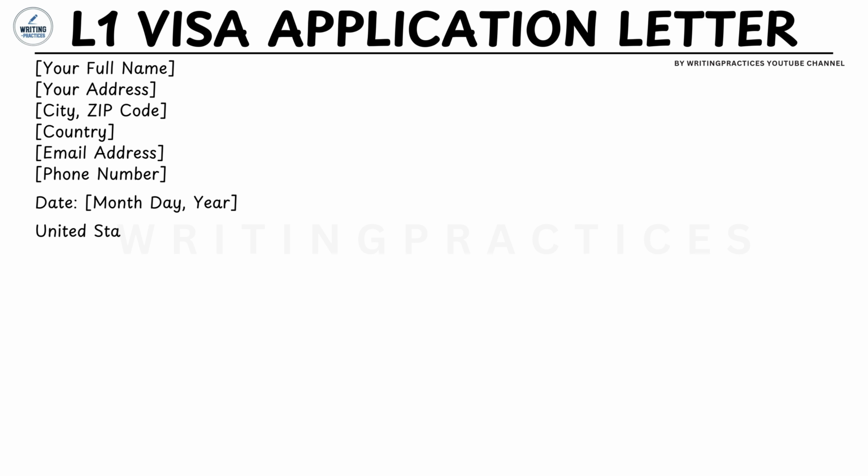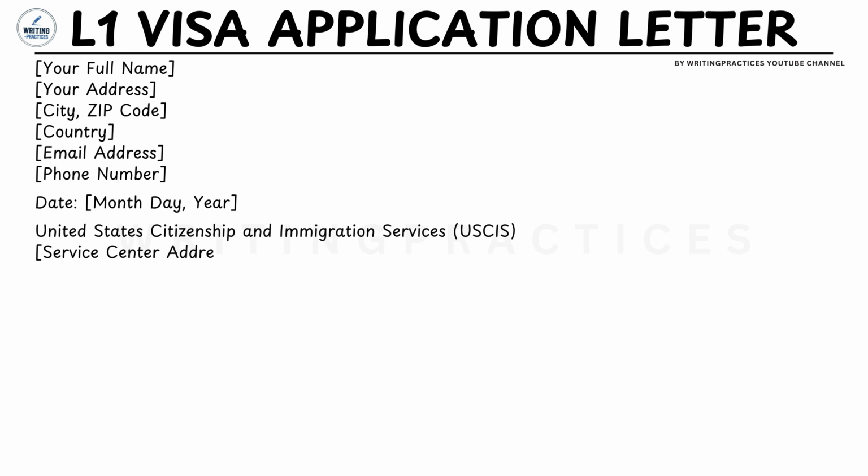Recipient's information, addressing the USCIS properly. Now you need to correctly address the letter to the USCIS Service Center handling your case. This should include the full name of the organization, United States Citizenship and Immigration Services, or USCIS, the specific service center's address, the city, state, and zip code.